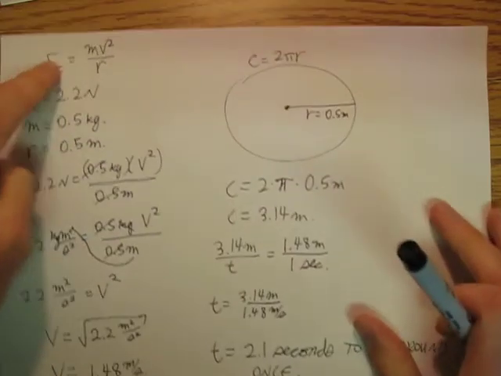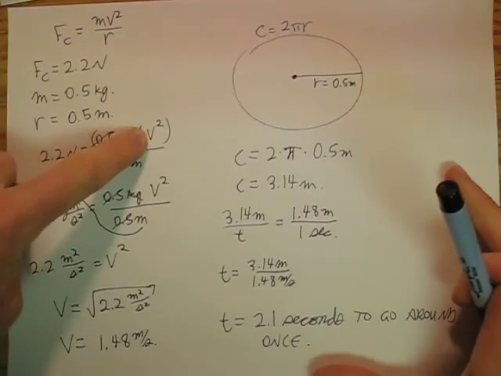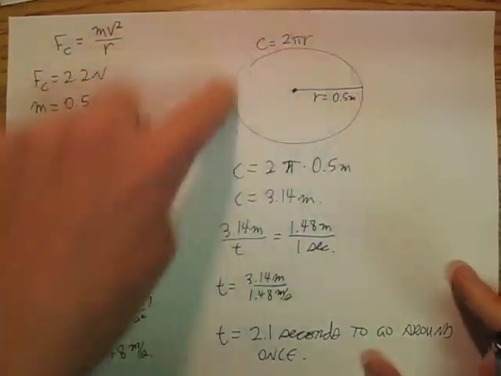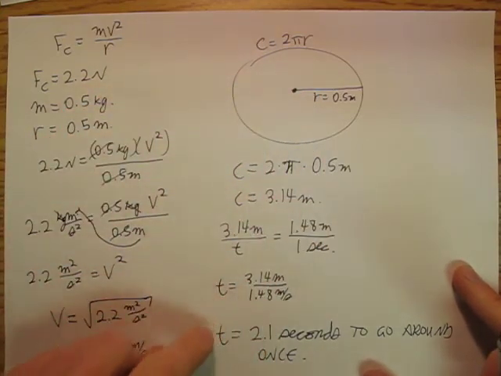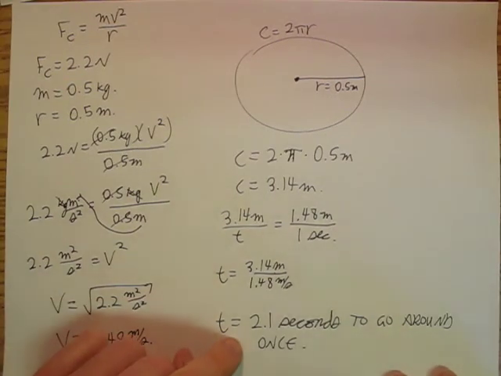So based off of my force centripetal, I found a velocity, and then I knew that it was going around in a circle. I knew the radius of the circle, and so I figured out a time based off of that of how long it should take to go once around.